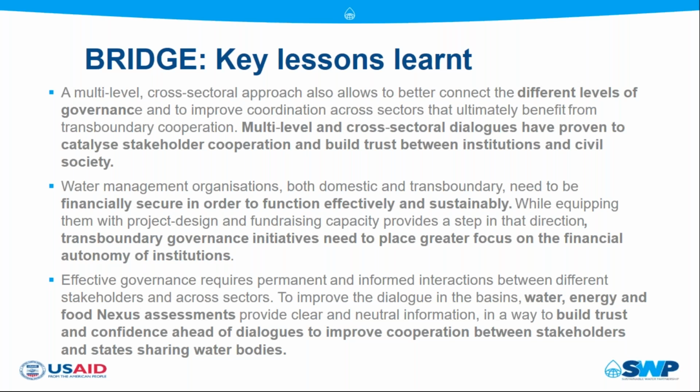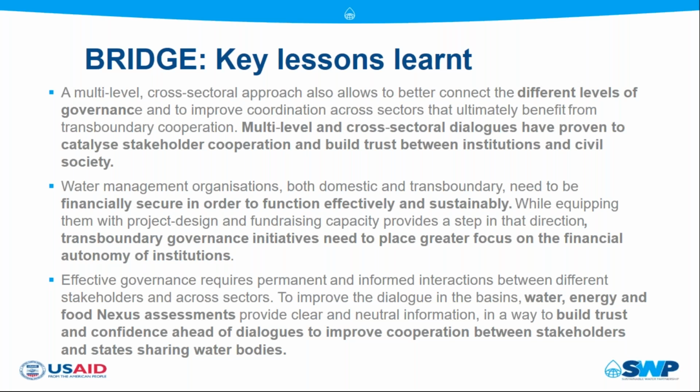So multi-level, different scales, and across sectors are really, really important to understand water resource management. That water resource agencies, management institutions, those that are involved in transboundary water governance need to be increasingly financially secure to really function effectively and sustainably.